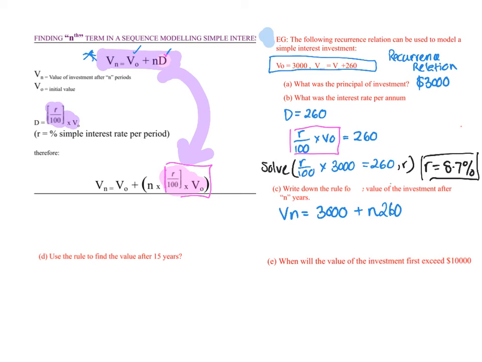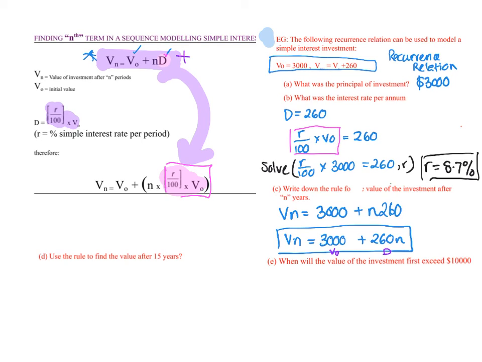Now, we don't normally write the letter at the front, do we? So what we will probably see is Vn equals 3,000 plus 260n. Can you see I'm doing like up here, that was my V0, and that is the d. So I've substituted that in. That's the rule for the nth term.